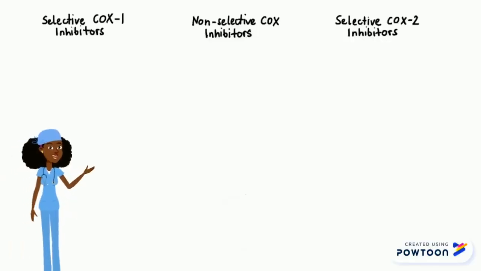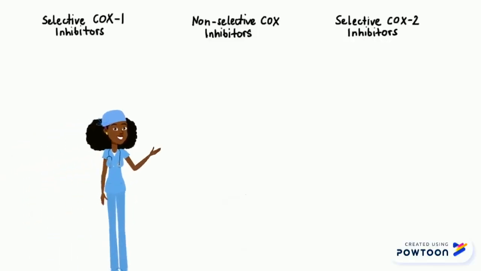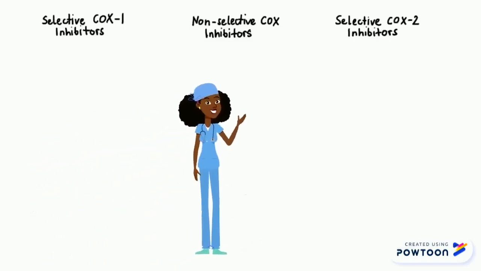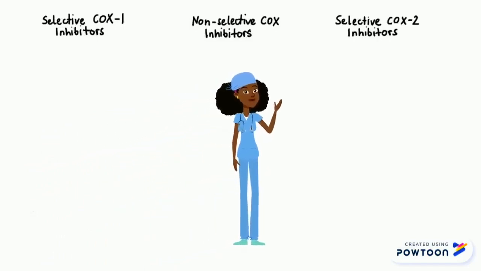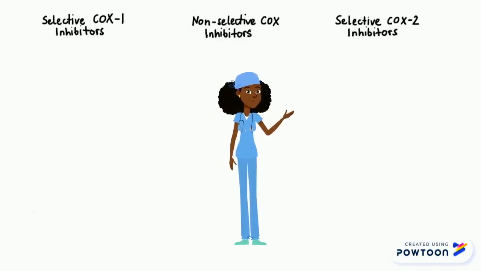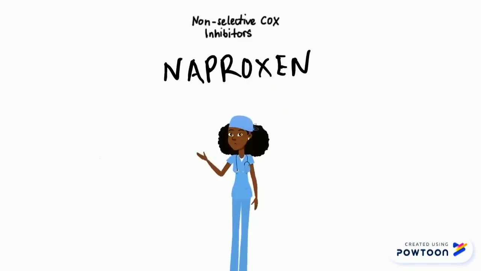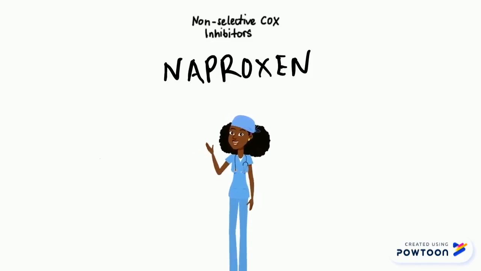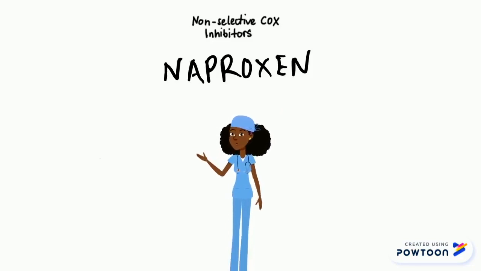Based on their selectivity for cyclooxygenase enzymes, NSAIDs can be divided into three broad categories: selective cyclooxygenase 1 inhibitors, non-selective cyclooxygenase inhibitors, and selective cyclooxygenase 2 inhibitors. This selectivity explains some of the differences in efficacy and safety of these NSAIDs. In our case, naproxen falls under non-selective cyclooxygenase inhibitors.